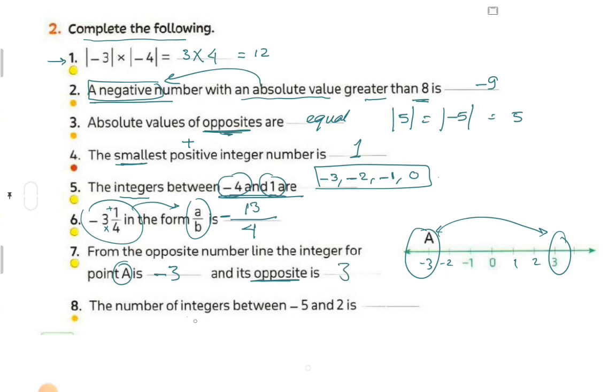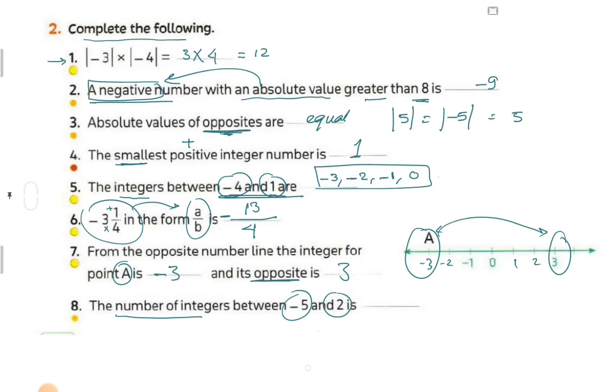He asked us about the number of integers between these two integers, not like here, where we were asked about the integers between. Here we are asked about the number of them. I need to write them first. Negative 5 and 2.